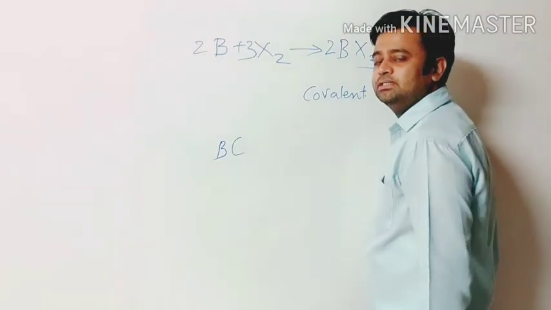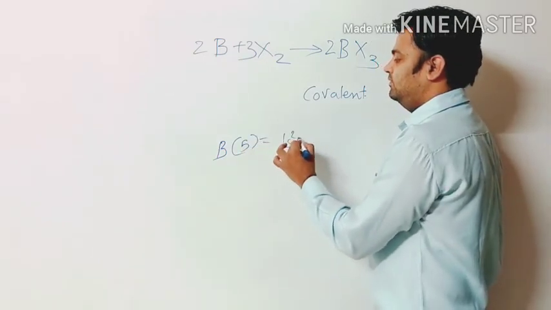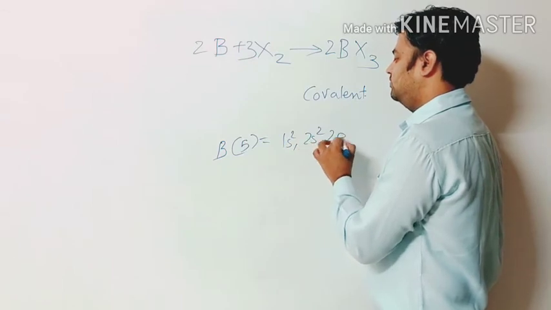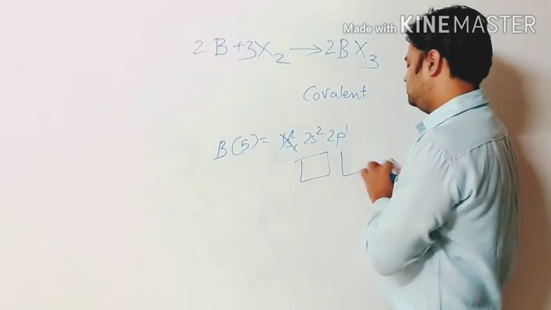How does it work as an electron deficient molecule? Let's see. 1s2, 2s2, 2p1. 1s is not going to take part in bond formation.